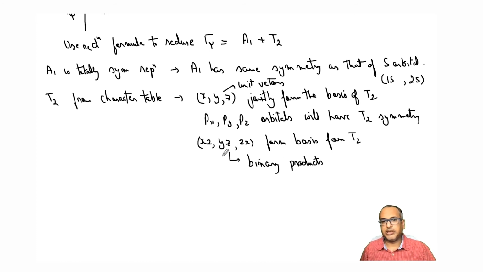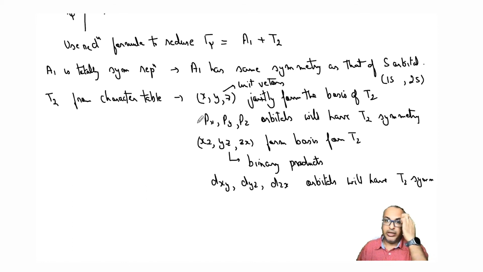So this tells you that dxy, dyz and dzx orbitals will have T2 symmetry.